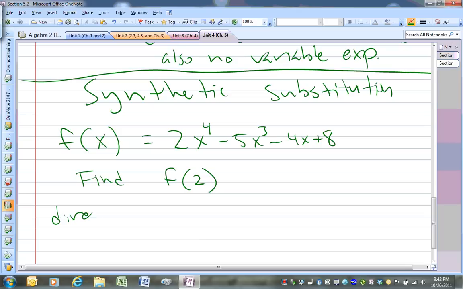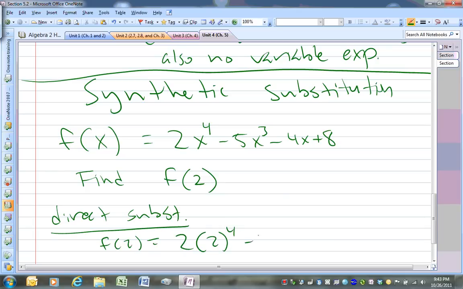So for direct substitution, all you would do is you'd say, okay, well, f of 2 equals 2 times 2 to the 4th power minus 5 times 2 squared minus 4 times 2 plus 8.